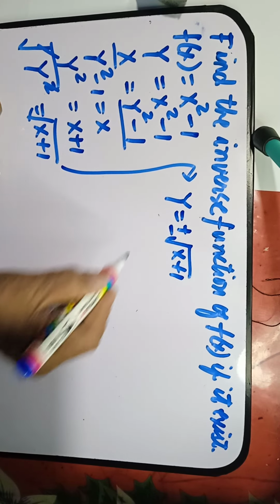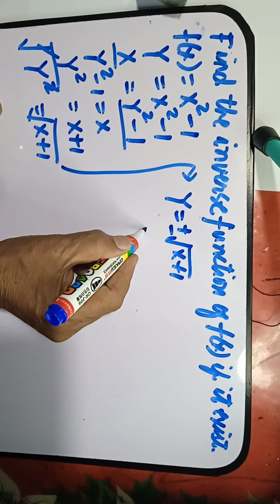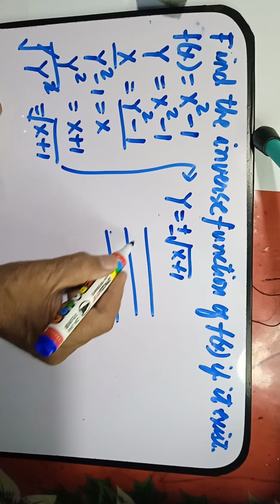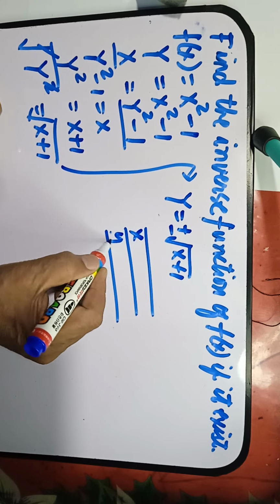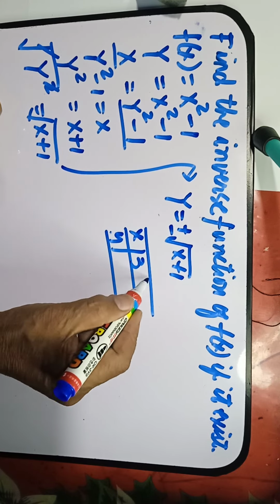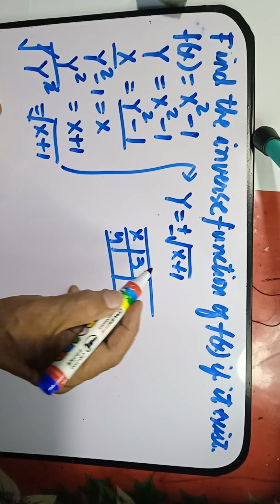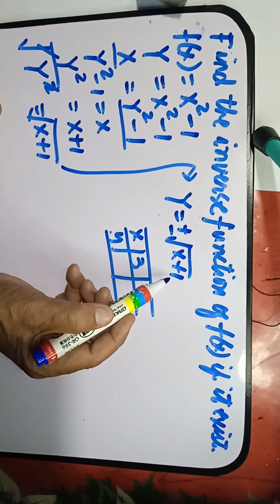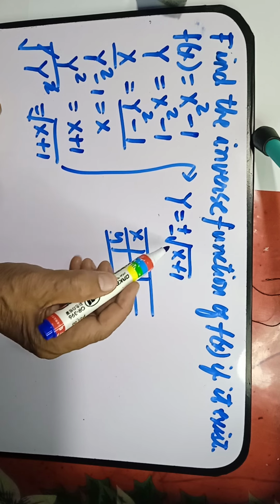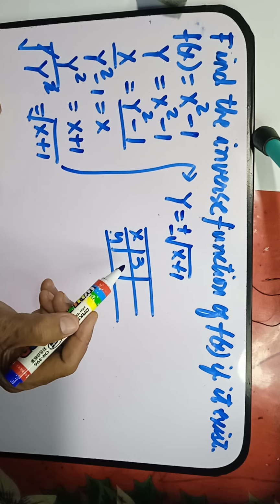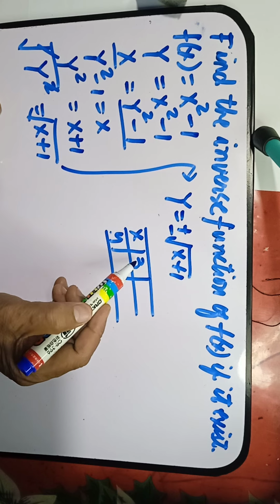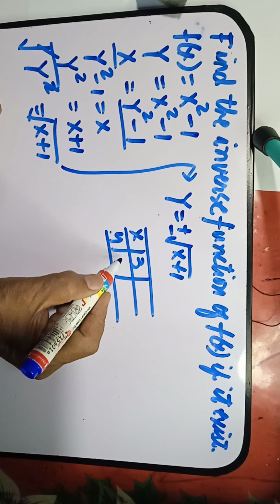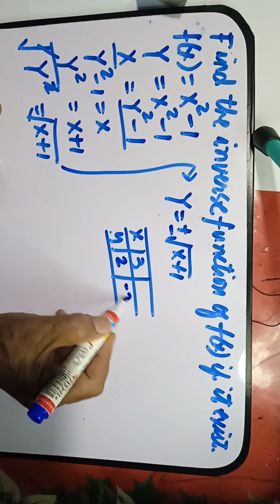Say for example, we have the table of x is 3, x, y. We'll have 3. So, if we plug in 3 here, 3 plus 1 is 4. So, the square root of 4 is 2. So, for 3, there are two y's, which is 2 and negative 2.